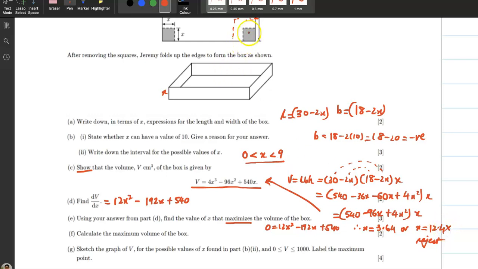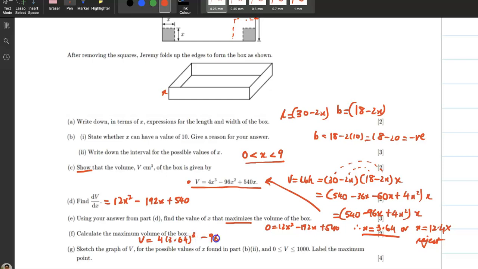So x is equal to 3.64. Calculate the maximum volume. So you will put this 3.64 in the volume expression. You're putting x as 3.64.